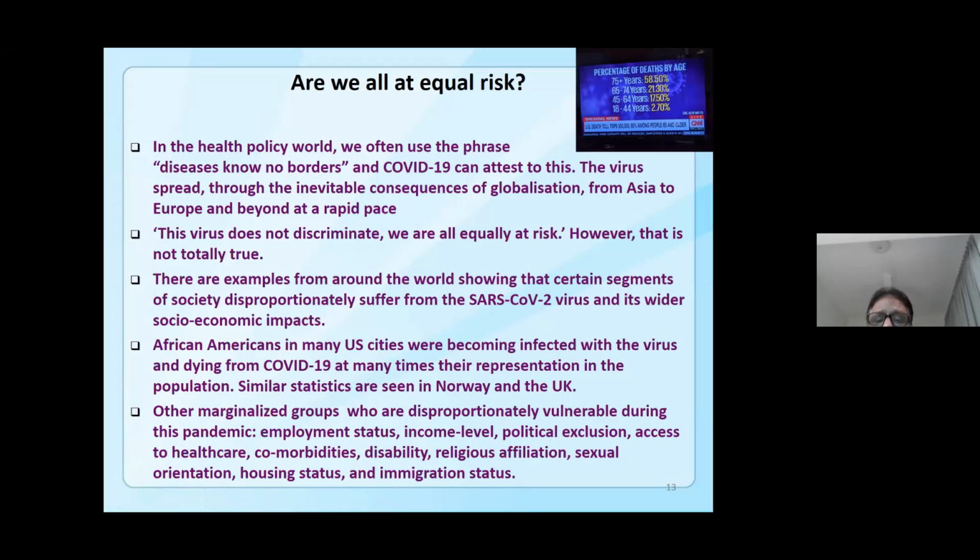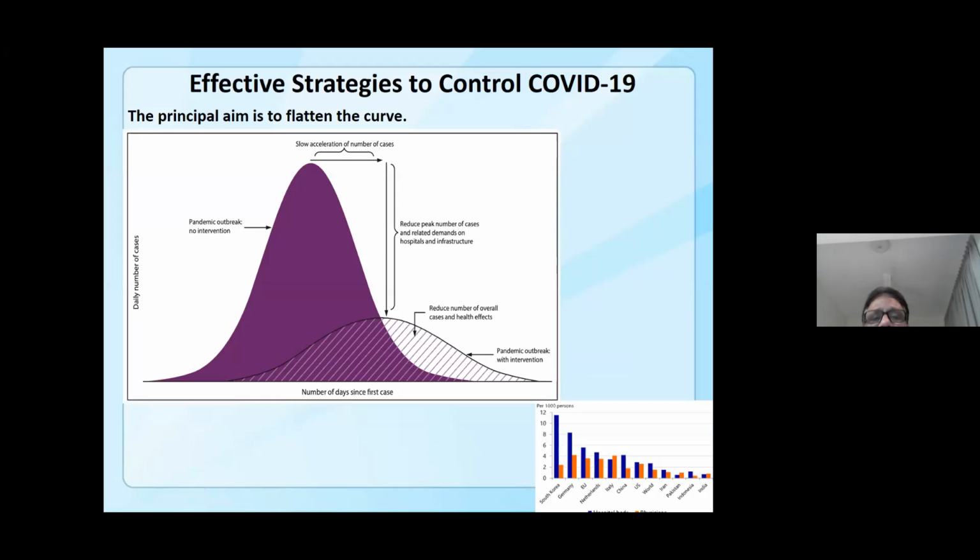These are all factors that have to be studied in more depth to understand how this disease is actually affecting certain segments of the population more than others. Now, what's the most effective strategy to control COVID-19?